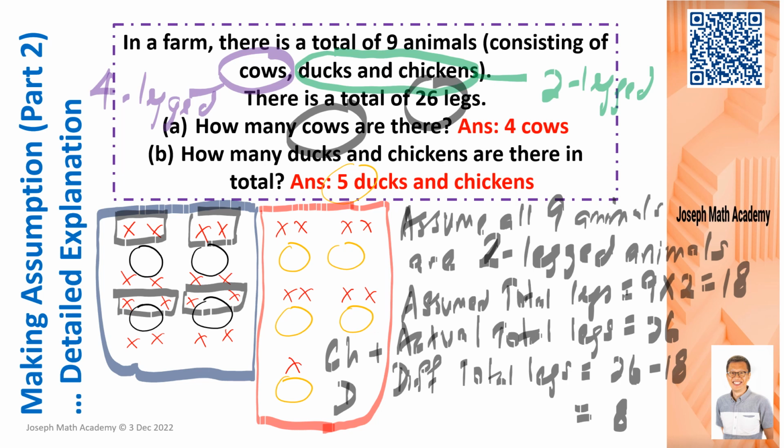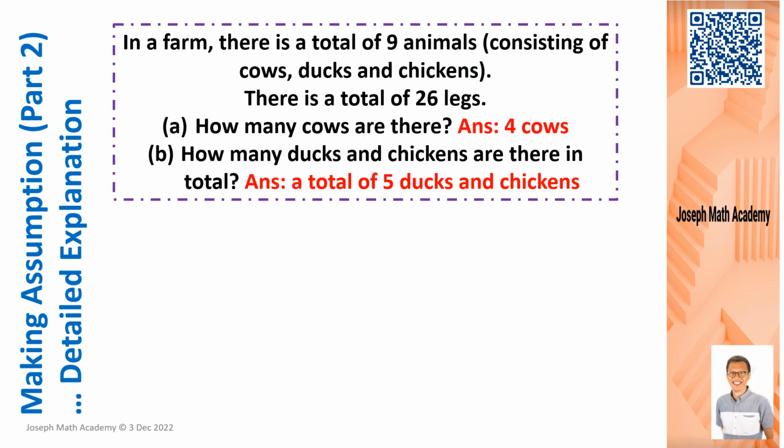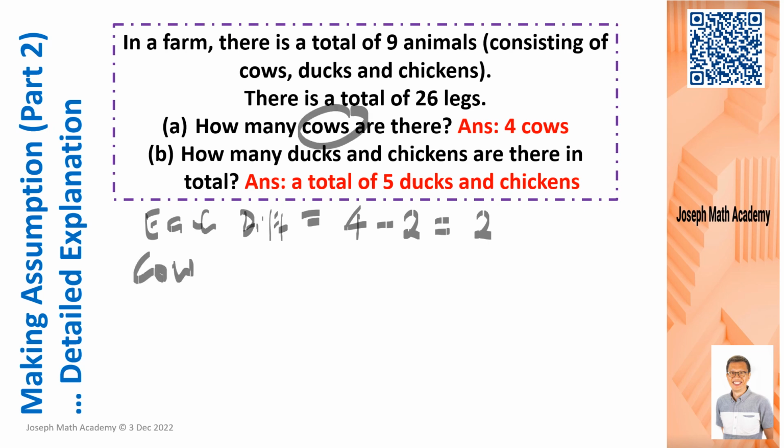The next equation is the difference in each. This time we are comparing one four-legged animal and one two-legged animal. Since we are assuming all are chickens and ducks, our final answer will be cows.